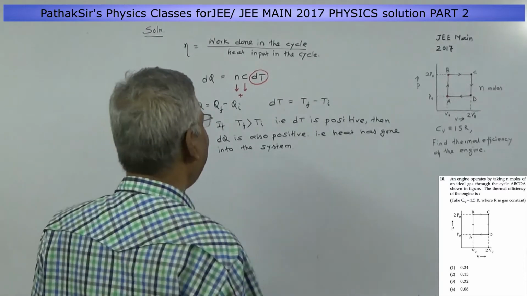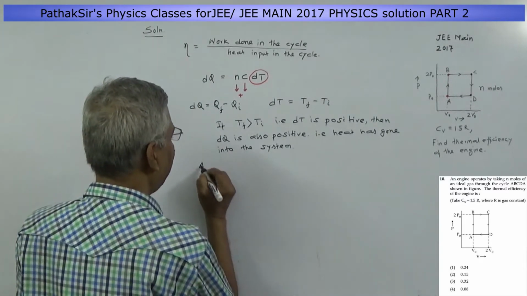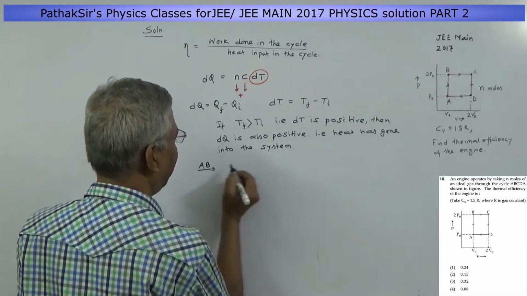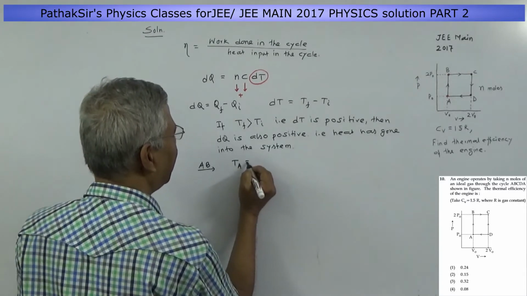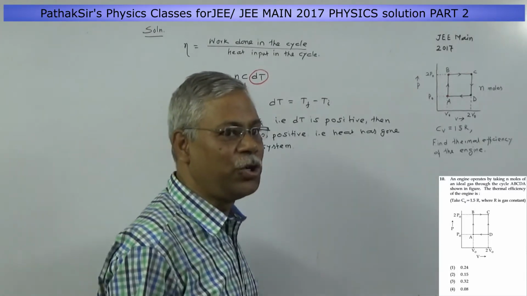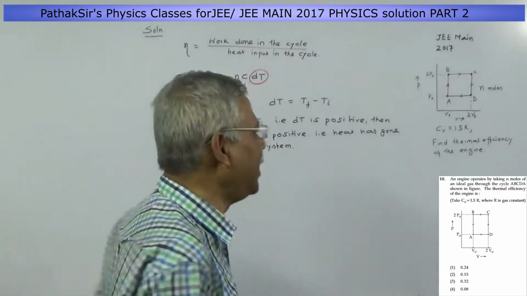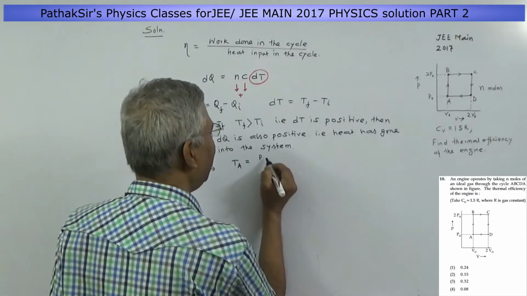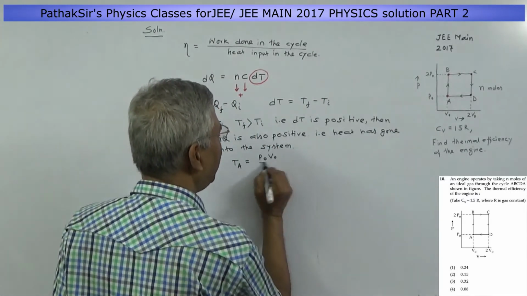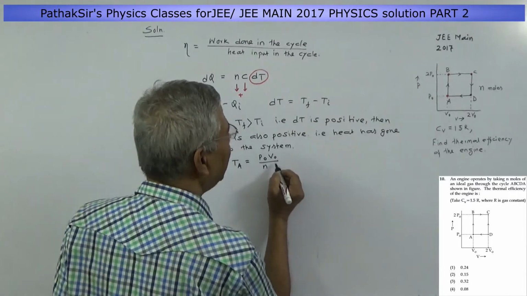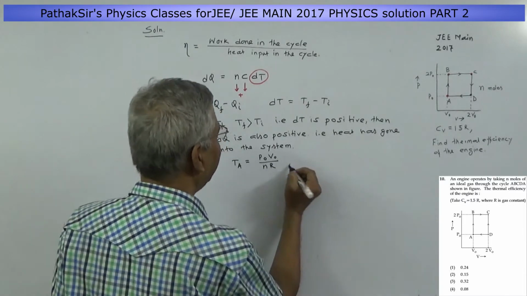Temperature at A. Process AB. TA, temperature at A. Which formula? PV equal to nRT. TA equals P naught V naught by nR.